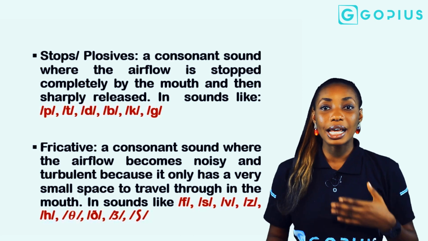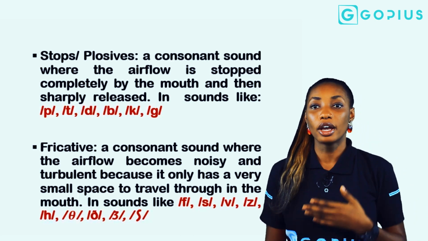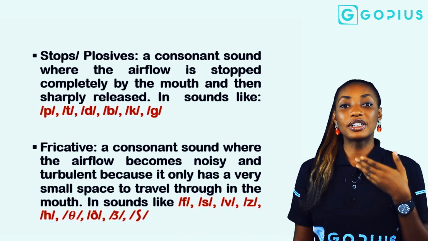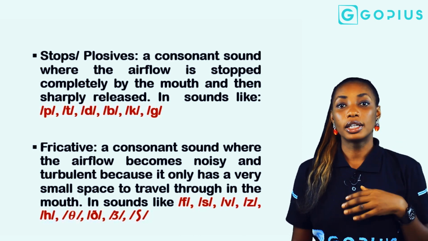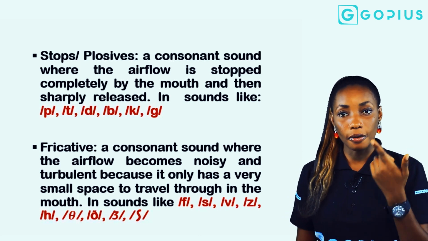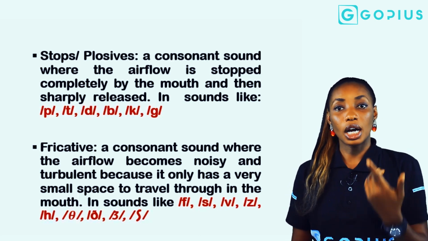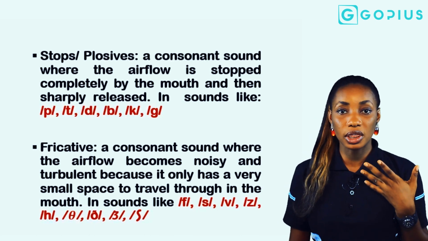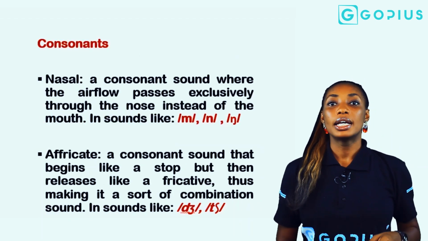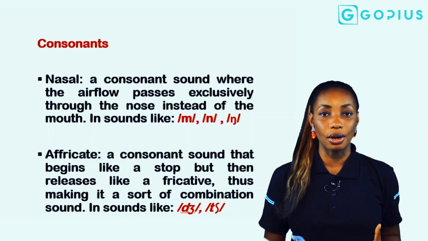While it's making that, you know that there's a friction of air. We have the glottal sound, we have it in the theta sound, we have it in the other sound that's almost similar to theta, and we have it in sh.